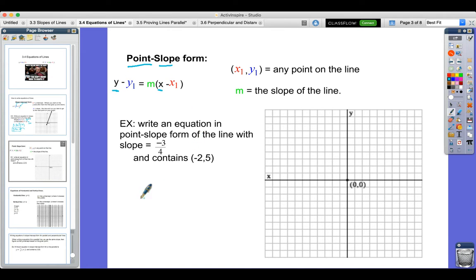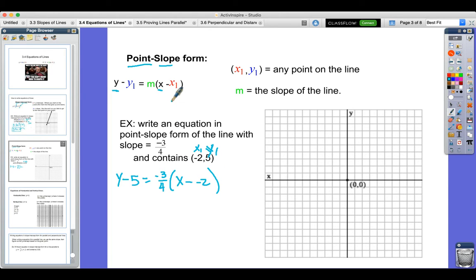We'll start with y minus, and then the first value, y1, which is 5, equals our slope, -3/4, parentheses, x minus our x1. Our x1 is -2.